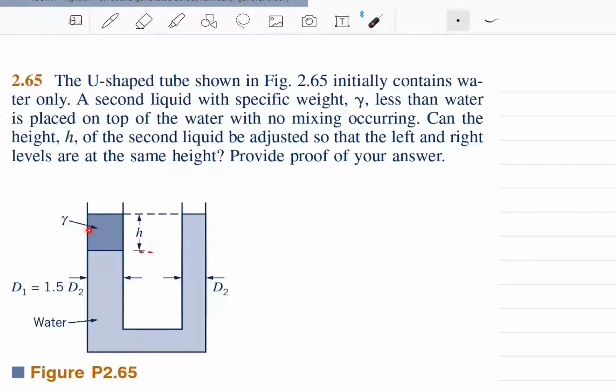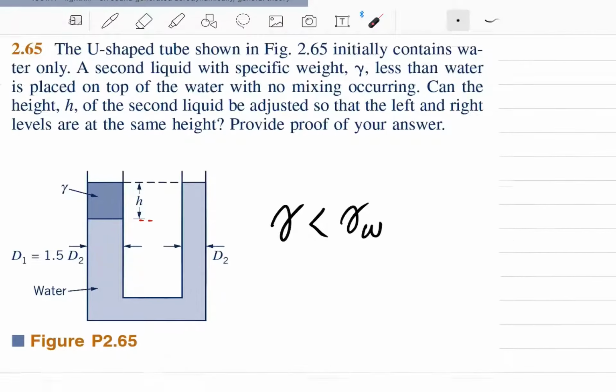A second liquid with specific weight of gamma, which is less than water, is placed on top of the water with no mixing occurring. So gamma is less than the specific weight of water. And it asks, can the height H of the second liquid be adjusted so that the left and right levels are at the same height? Provide proof of your answer.